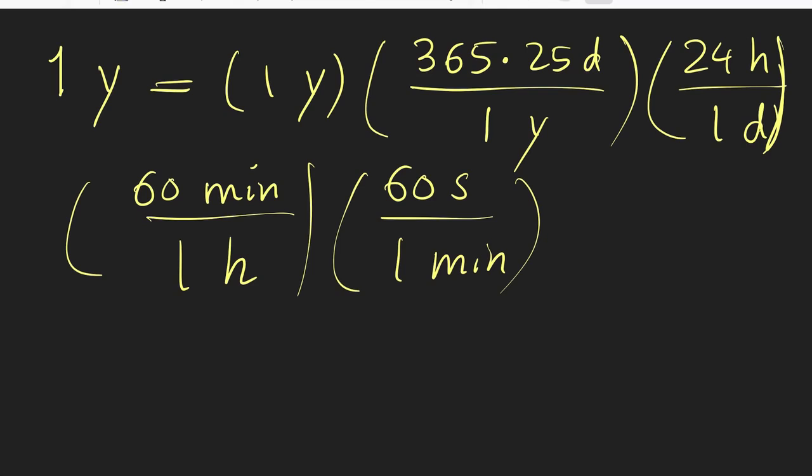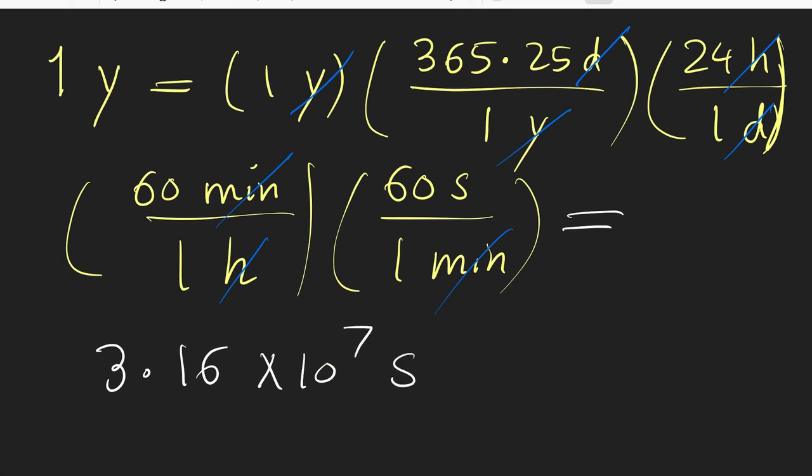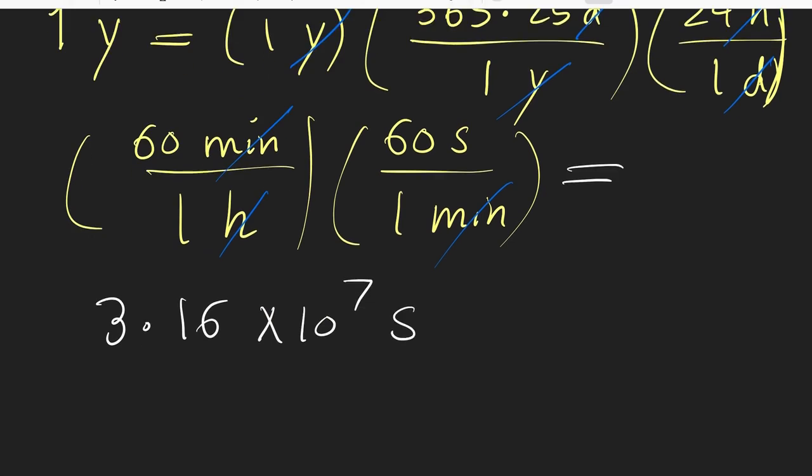So D cancels D, Y cancels Y, H cancels H, minutes cancels minute, and my result is 3.16 times 10 to the power of 7 seconds.